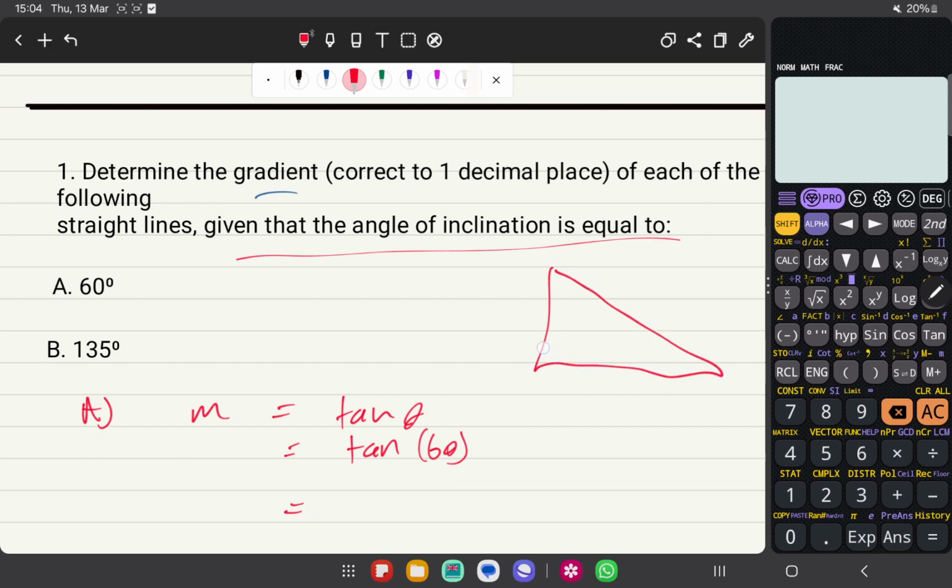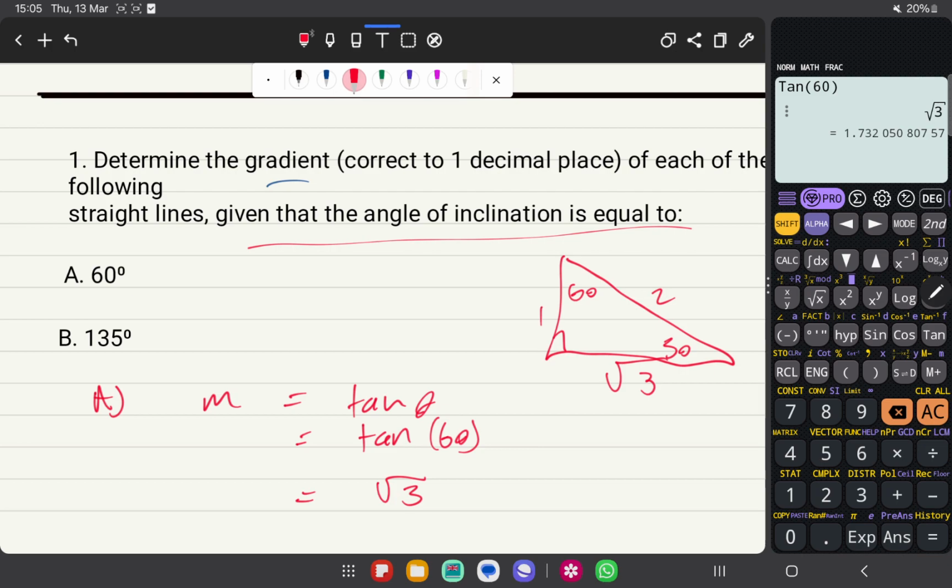It's from that right angled triangle where you have 30 degrees and this is 60. Sine 30 is 1 over 2, and this is square root of 3. Tan is opposite over adjacent, so the answer is going to be square root of 3. Let's test the theory: tan 60. I was right, square root of 3. Writing our answer to one decimal point, that's just 1.7. That's our gradient.